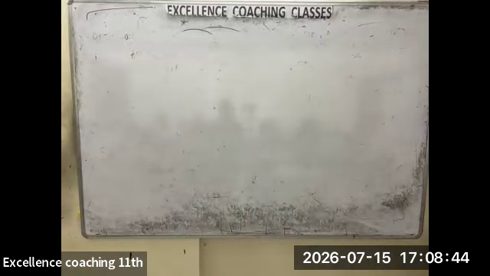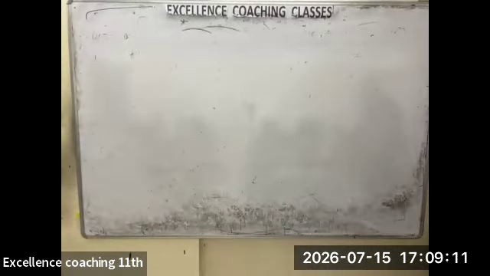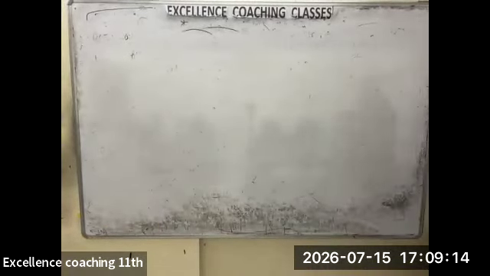Vector is cross product. Multiply I with I, J with J, K with K.